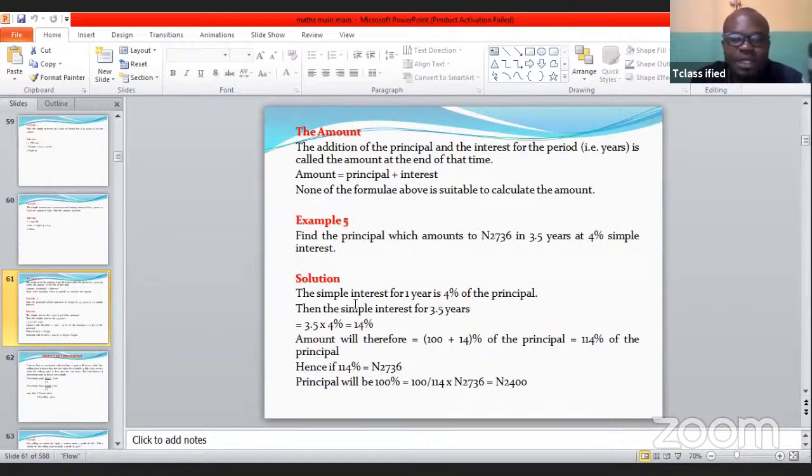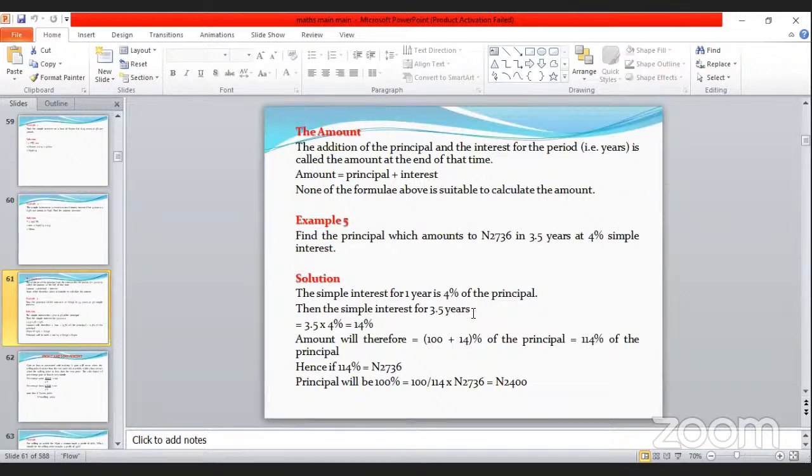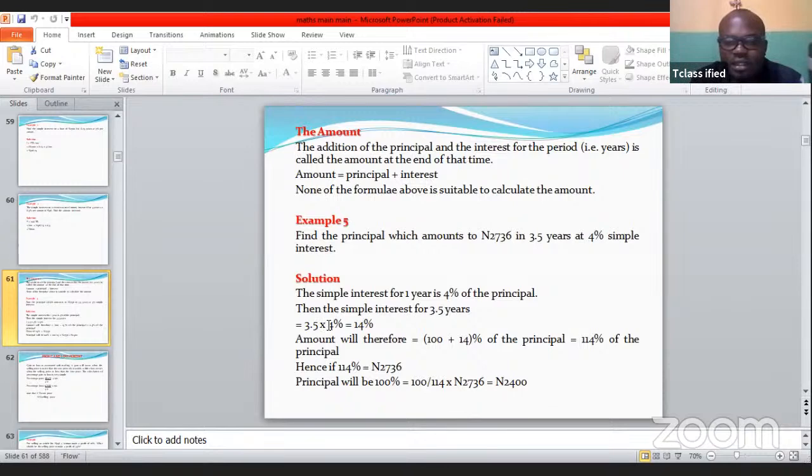So take note. Simple interest for 1 year is 4% of the principal. Then the simple interest for 3.5 years is 3.5 times 4%, giving us 14%. Amount will therefore be 100% plus 14% of the principal, which is equal to 114% of the principal.